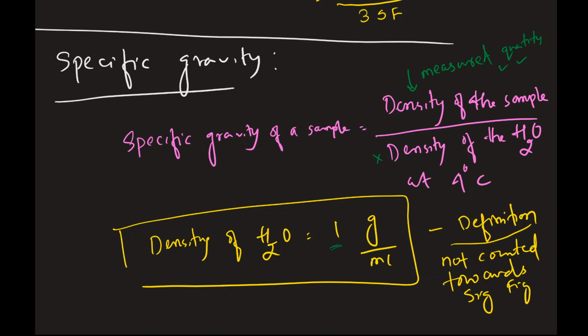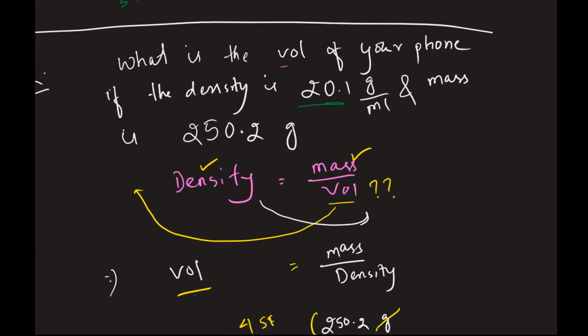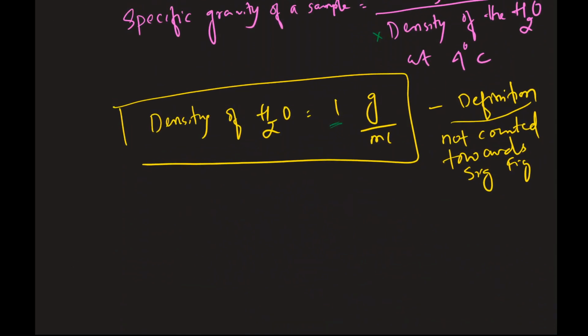Okay, let's do it for our phone. So we know that our phone is 20 grams per milliliter, right? So what is the specific gravity of our phone? Specific gravity, not specific activity. See, I'm teaching biochem, so I'm still in biochem mood. Specific gravity of our phone, based on our previous problem.